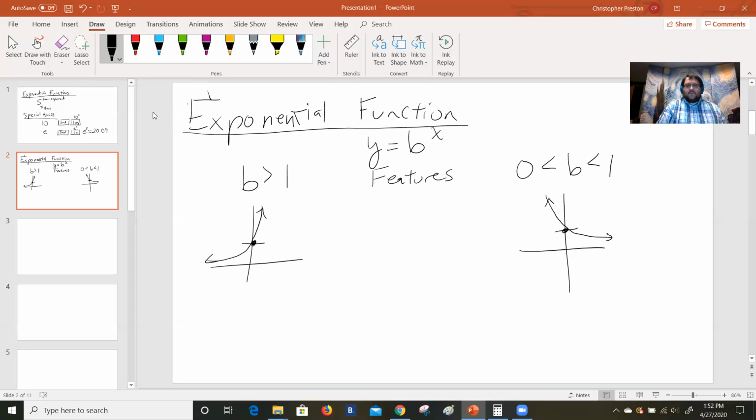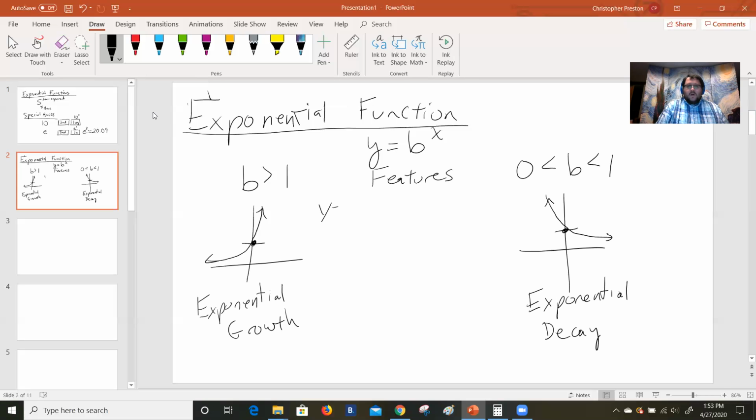So the first one, where the base is bigger than 1, you can say this is an exponential growth model. Things are getting bigger and bigger exponentially, whereas when the base is between 0 and 1, that's an exponential decay model. Okay.